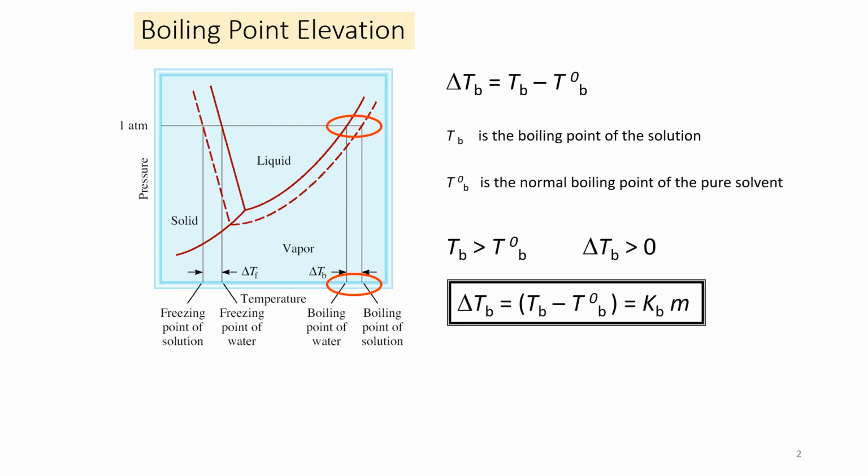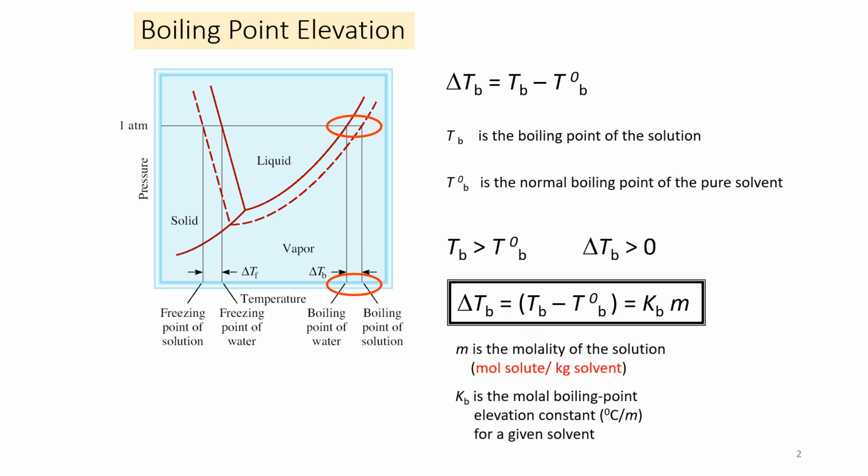In this case, we also have the formula delta Tb equals Kb times m. What are Kb and m? m is the molality of the solution. Molality is the relationship between the moles of solute per mass of solvent in kilograms.